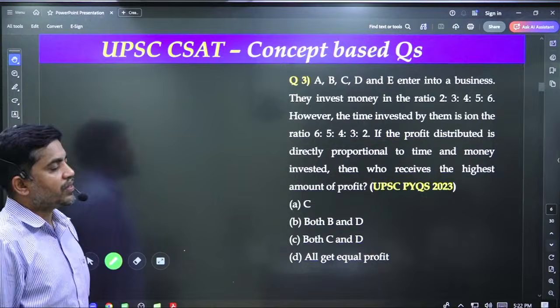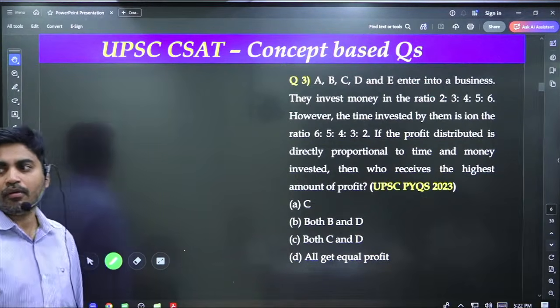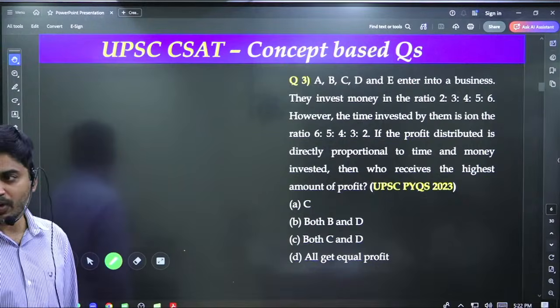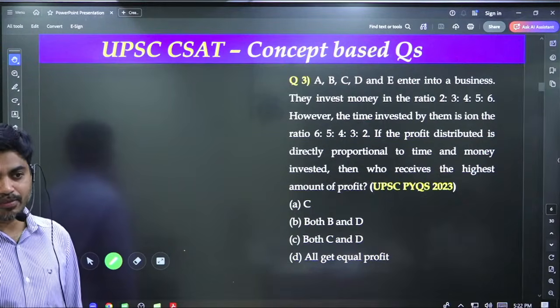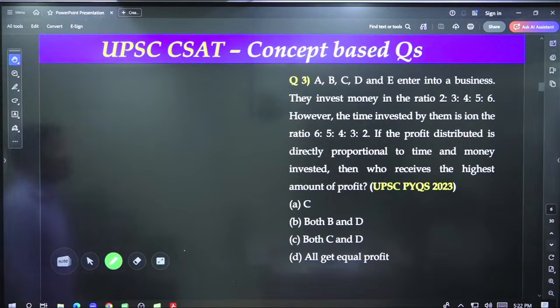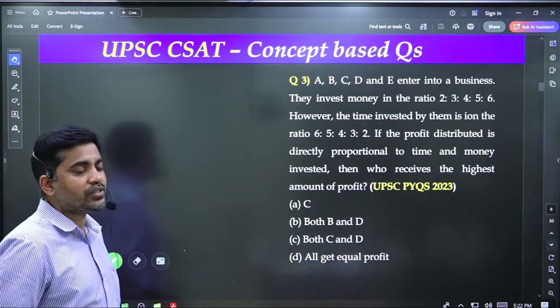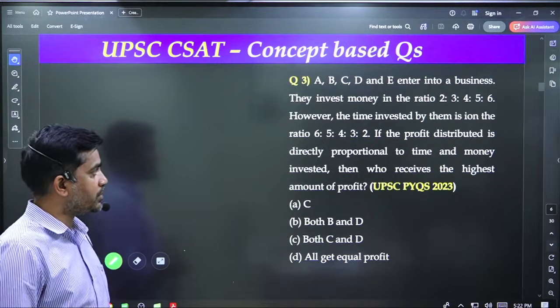Everyone read this question. Many thought it is a lengthy question, but hardly it takes only 10 seconds to answer this. Concept is important, okay? Not question size. A, B, C, D, E started a business. They invested amounts in the ratio of 2, 3, 4, 5, 6.